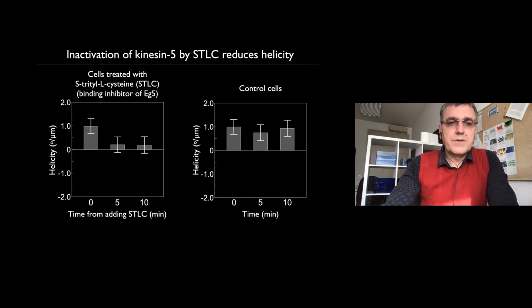Our collaborator, here I mean Eva and her colleagues, inhibited Kinesin 5 by treating cells with these STLC molecules, and they found reduced helicity in these cells.